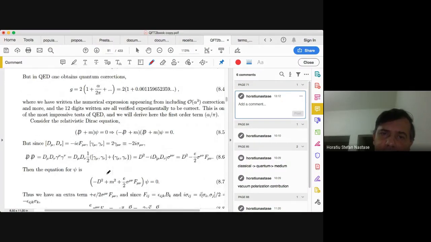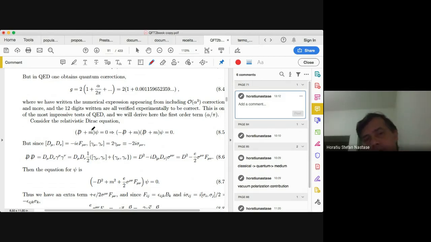So how do we go about calculating this? Well, first of all, let's think about the relativistic Dirac equation. The Dirac equation is D slash plus m psi equal to 0. Now we can convert it into something that looks like a modified Klein-Gordon equation by multiplying with the other.